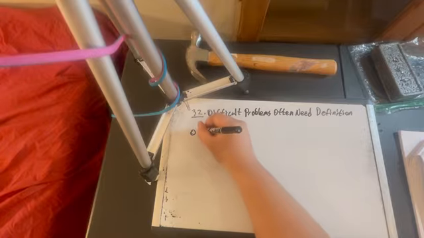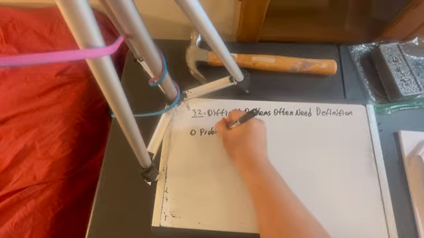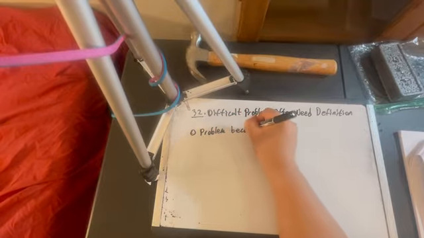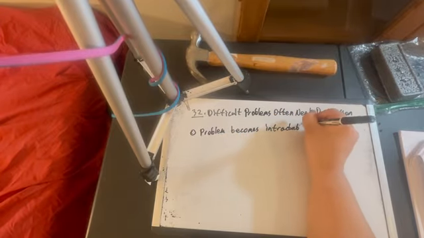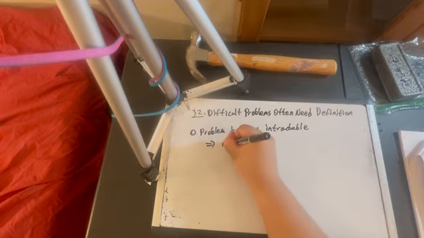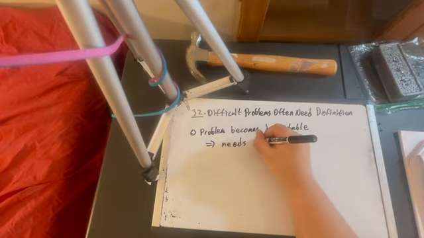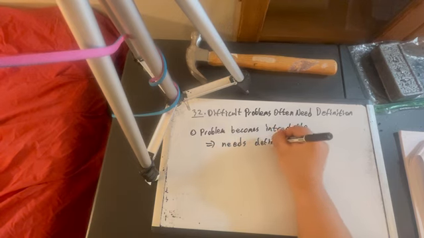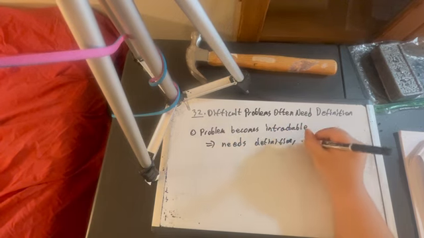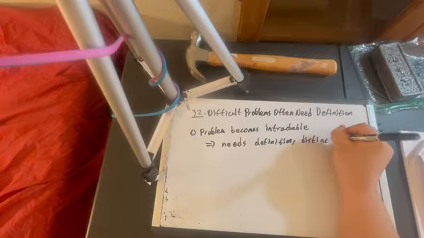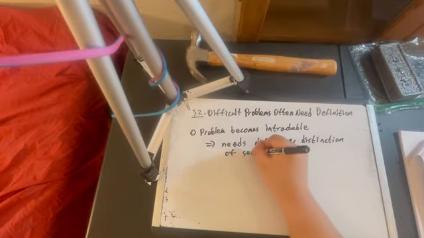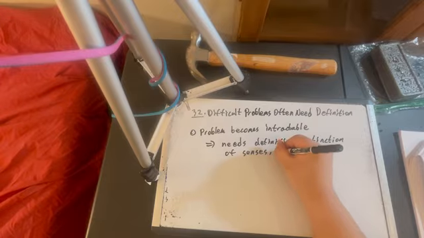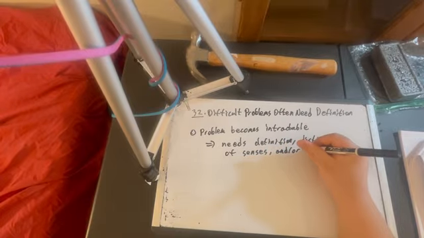So when a problem becomes intractable, it needs definition, distinction of senses, and/or intermediate premises.